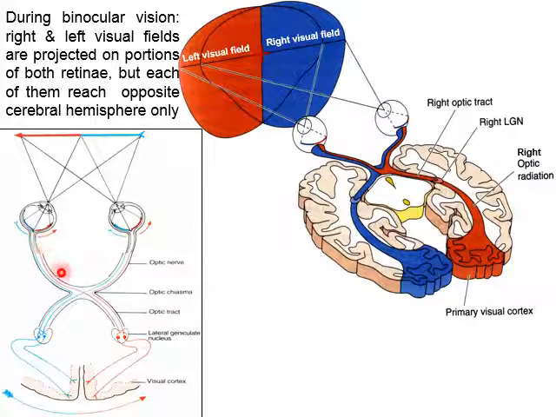The nasal half of the left eye crosses to the opposite side. The temporal fibers coming from the retina on the right side stay in the same side, so that the optic tract has fibers coming from the opposite side. The right optic tract carries the visual input from the left halves of both visual fields, and it reaches the right lateral geniculate nucleus, and from there it reaches the right visual cortex.